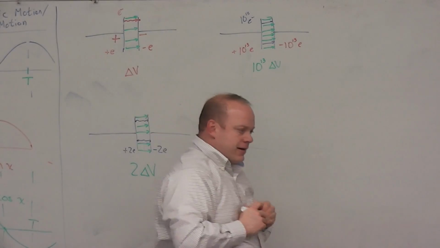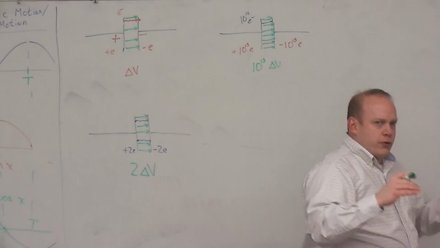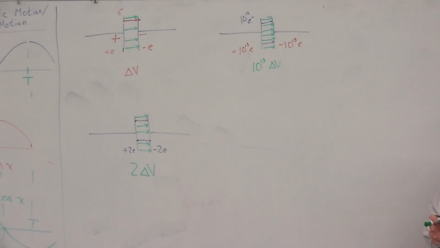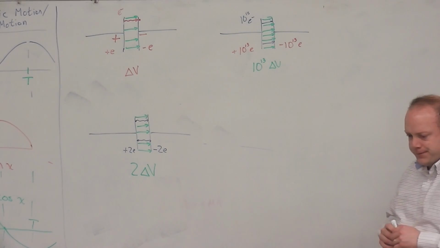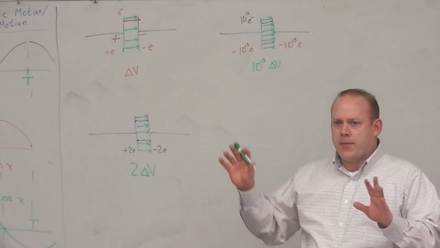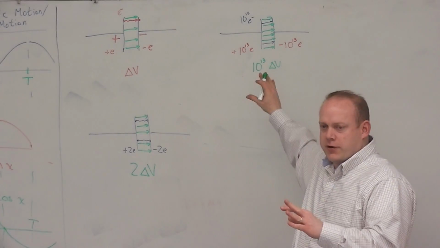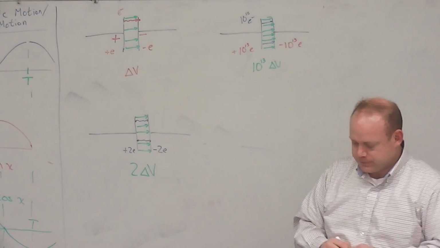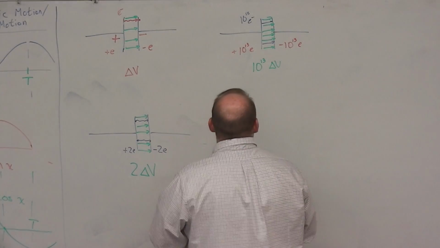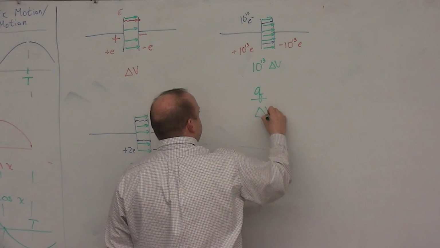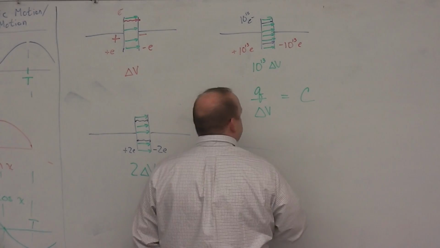The key is that the charge to potential difference ratio remains constant, given this arrangement of plates. It's not constant in all cases, but it's constant for this particular set of plates. Each set of plates is going to have its own constant. And that constant, that ratio of Q to delta V, we call the capacitance.